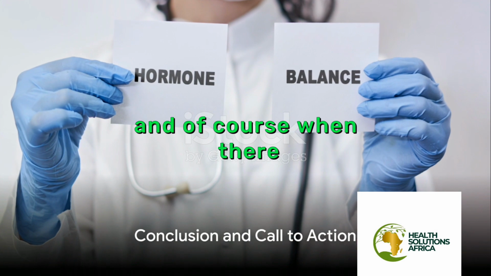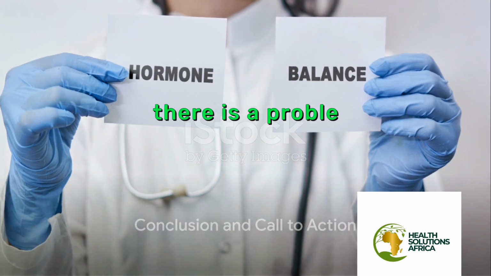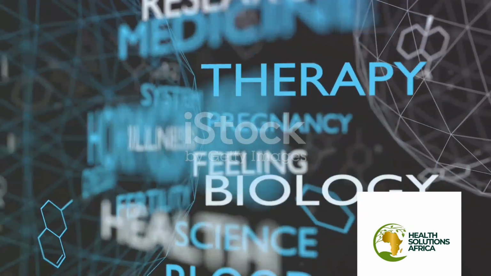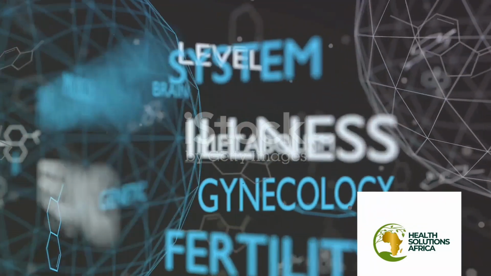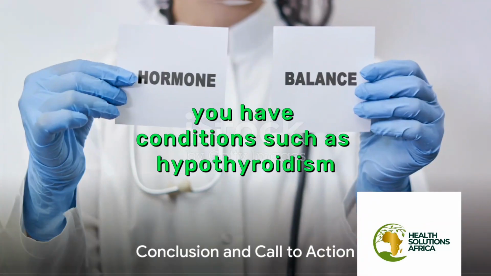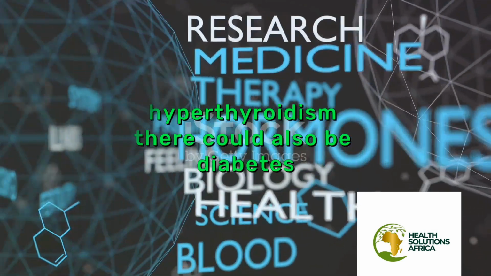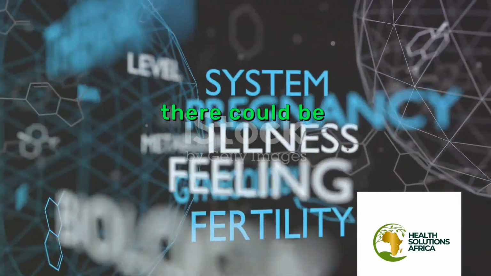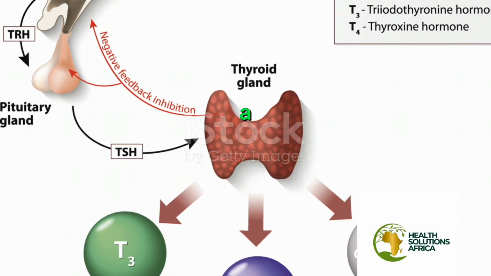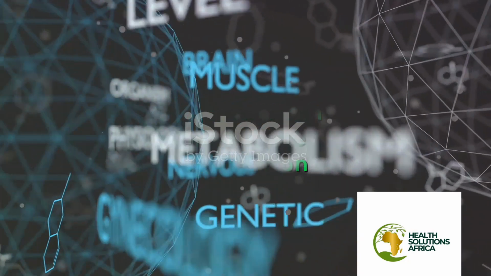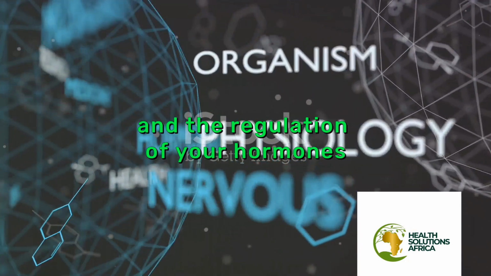And of course, when there is a problem with the thyroid gland, rather, you have conditions such as hypothyroidism, hyperthyroidism. There could also be diabetes, there could be adrenal insufficiency, and these can disrupt the production and the regulation of your hormones.